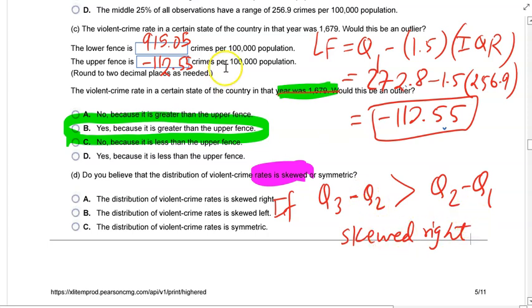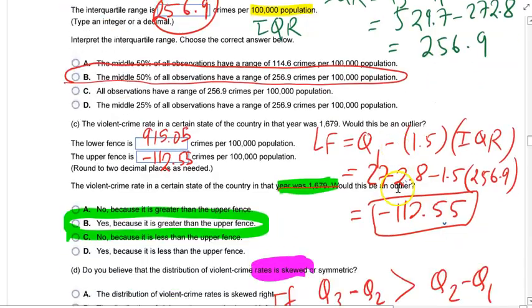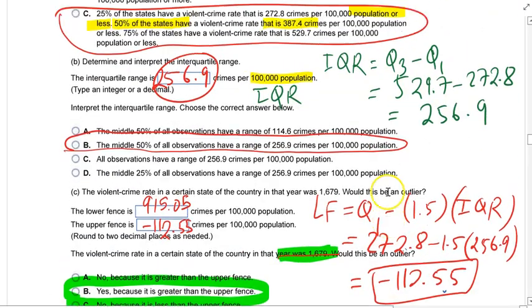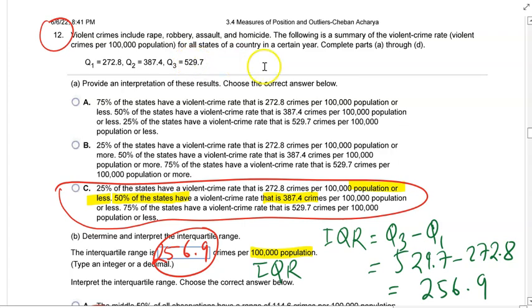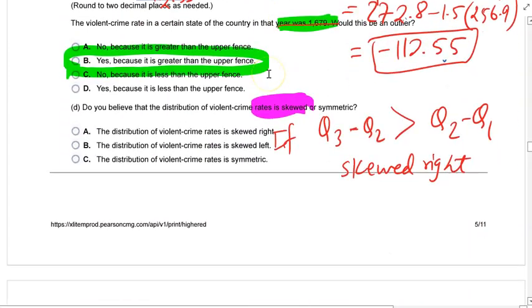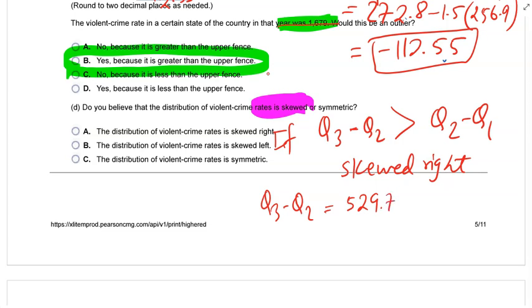Let's see. Let's put the values of Q2, Q3, Q1 in this inequality. Q3 minus Q2 is 529.7 minus 387.4, which gives 142.3. Now what is Q2 minus Q1? Let's do the same thing.